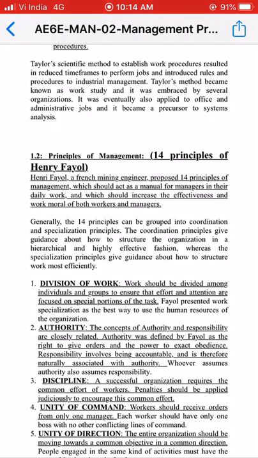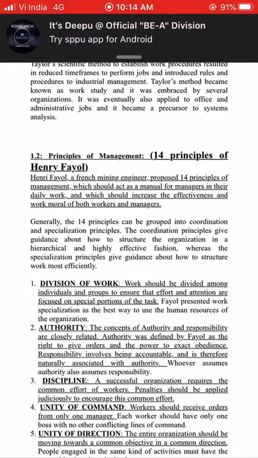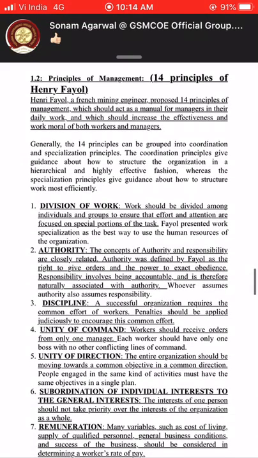So what are these principles? These 14 principles were given by Henry Fayol, who was a French mining engineer. He proposed 14 principles of management which should act as a manual for the managers in their daily work.